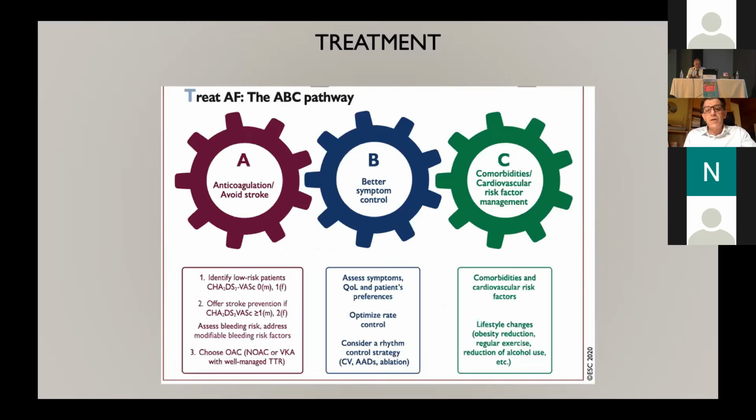The goals are the anticoagulation in order to avoid stroke, the better symptom control, which is very important, as I discussed in the beginning about the quality of life, and then the comorbidities and the cardiovascular risk management that we should have for all these patients. And if we do that in a good way, then we have a better expectation for our patient.